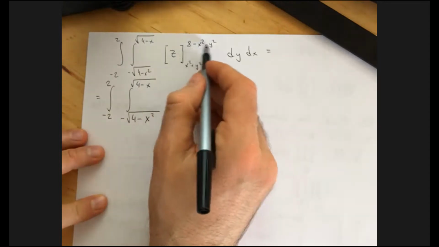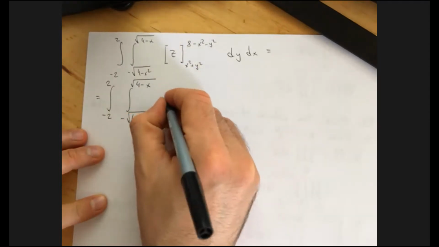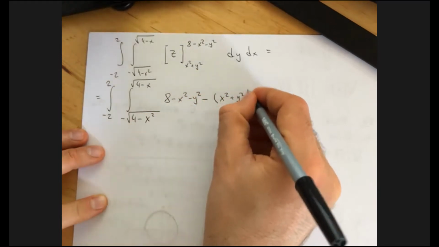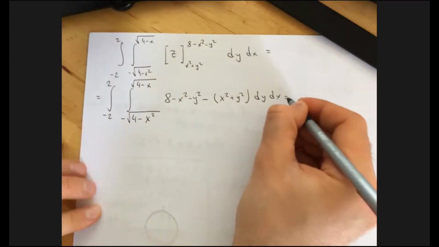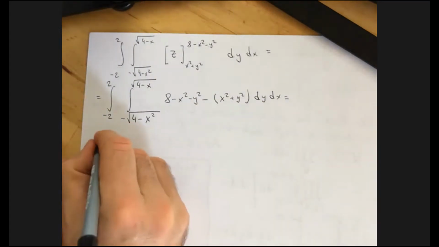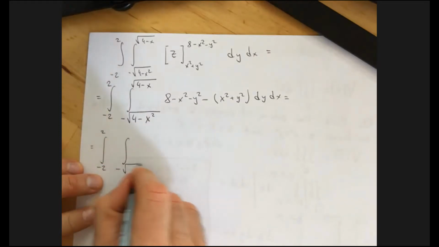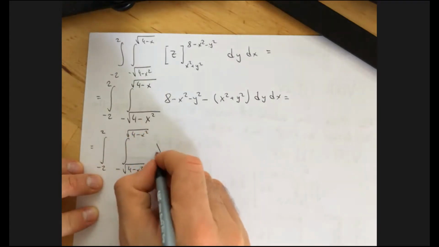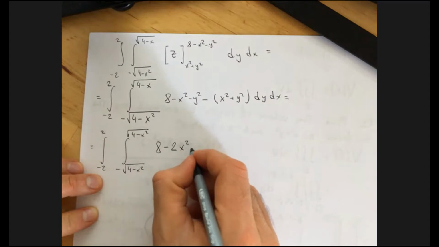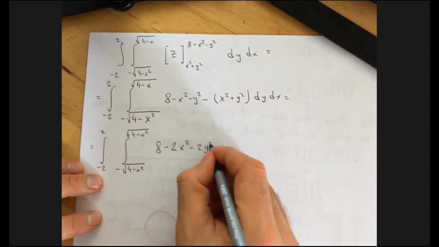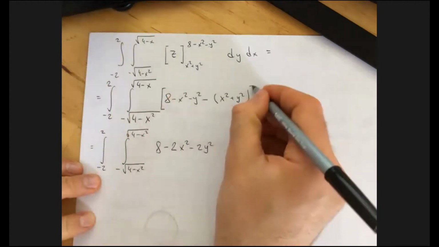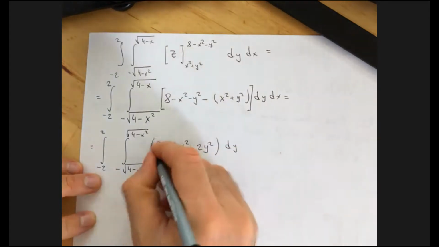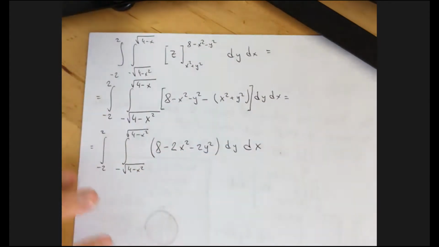Okay, plug this function instead of z and this function instead of z. So that's 8 minus x squared minus y squared minus x squared plus y squared dy dx. So from -2 to 2, the integral from negative square root of 4 minus x squared to square root of 4 minus x squared. I have 8 minus 2 x squared minus 2y squared when you drop this parenthesis, right? dy dx.